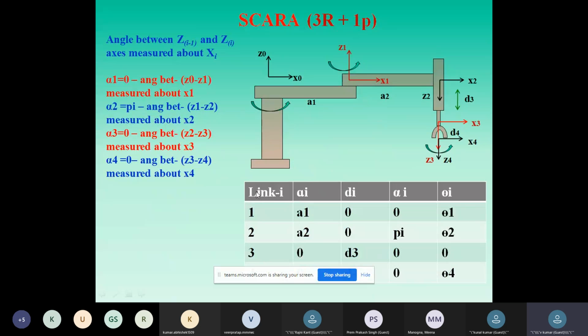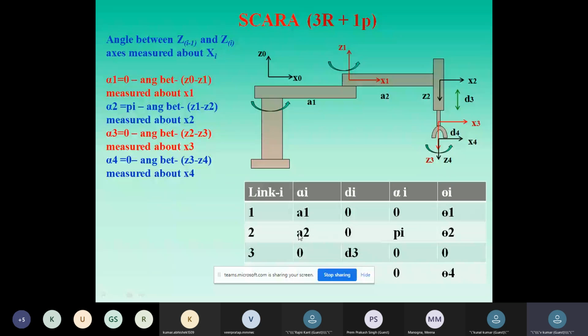the SCARA manipulator. In the table, the first row: link, Ai link length, Di, alpha i, theta i. For link 1, link length will be A1, Di will be 0, alpha i also 0, but theta is theta 1.